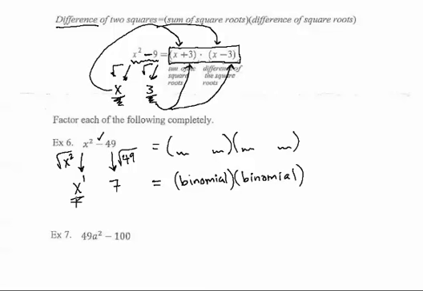The first term is just going to be the x, the first square root. So we put an x in each spot. The second term of each binomial is going to be the second square root. So we put 7 and 7 there, and then we just simply give the two 7s opposite signs. So we have the difference and the sum. And that completes example 6.